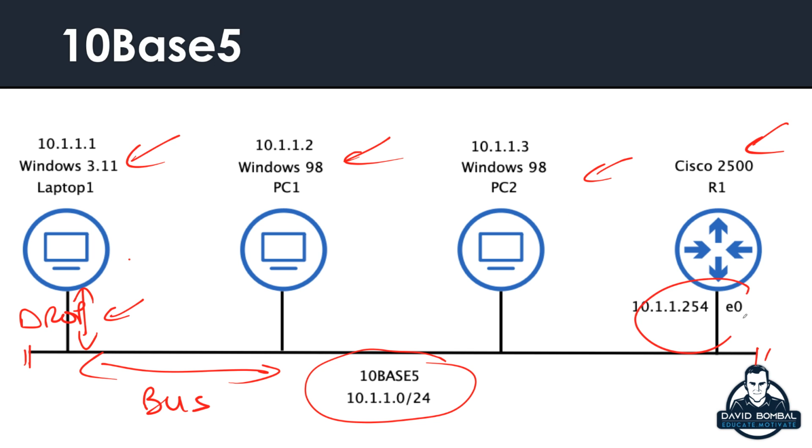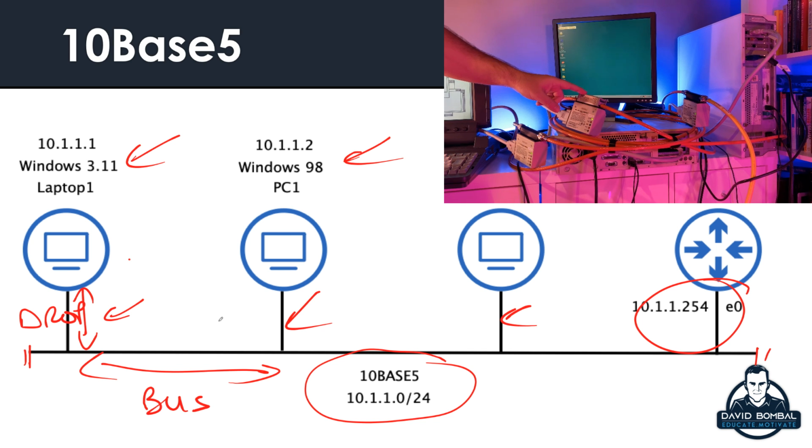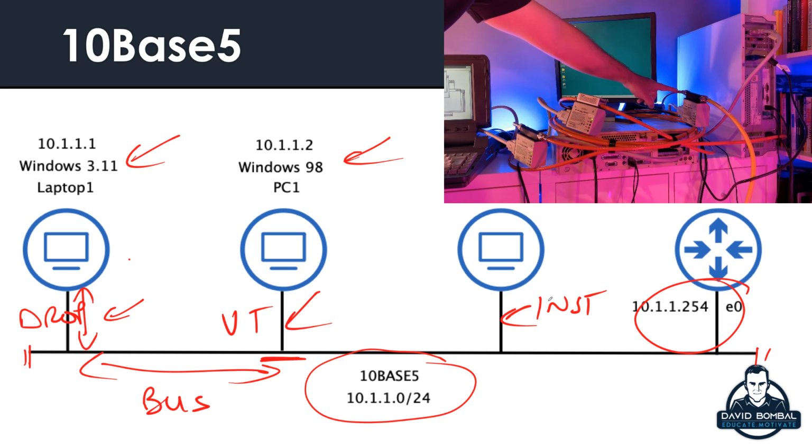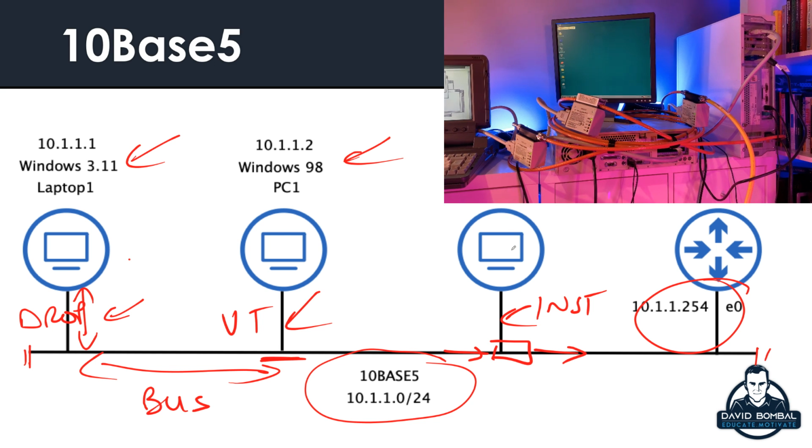So that's the connection over here. But I've also got 2 Windows PCs, one using a vampire tap directly into the cable and one using an intrusive transceiver where basically the cable is connected to the transceiver and then a second cable is connected to the transceiver to give me a network.